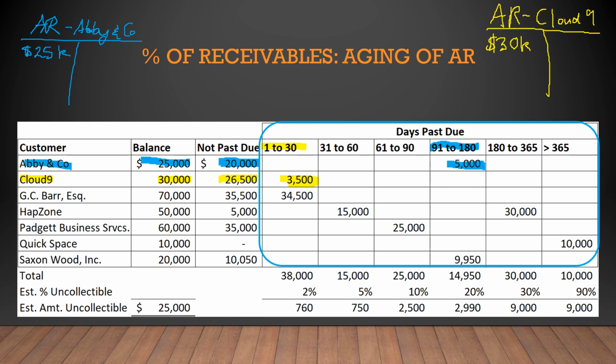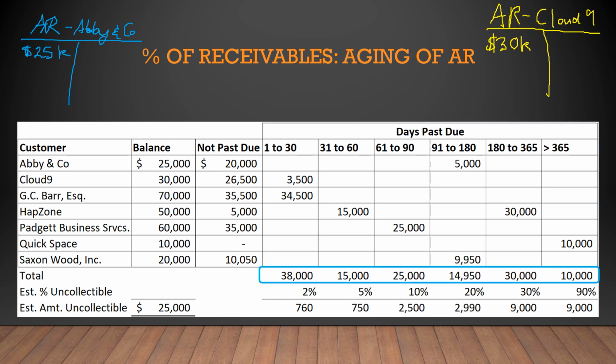You can interpret every credit customer's amount owed in this manner. For the days past due table, sum each column to get the total AR owed by length of time. Immediately beneath those totals, we have an estimated percent of them that are uncollectible.